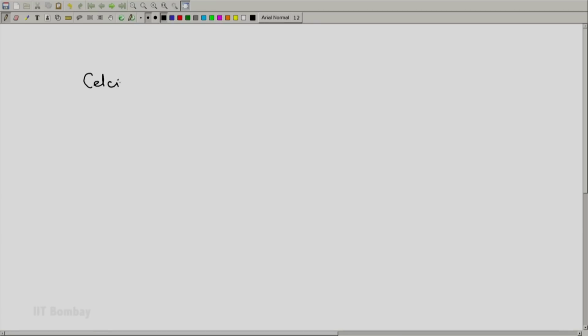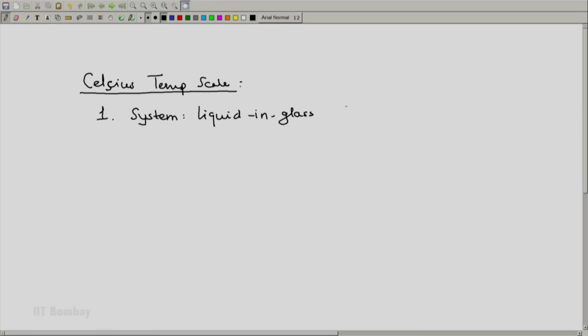Let us quickly review what we learned from the Celsius temperature scale and the measurement technique involved. First, we notice that we had defined a system, the liquid in glass.